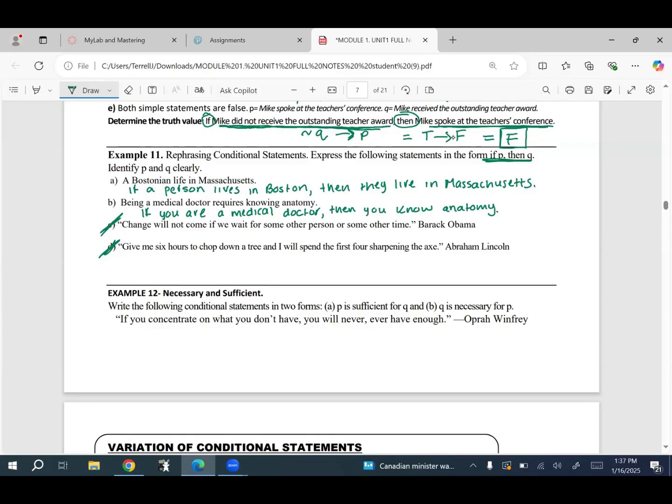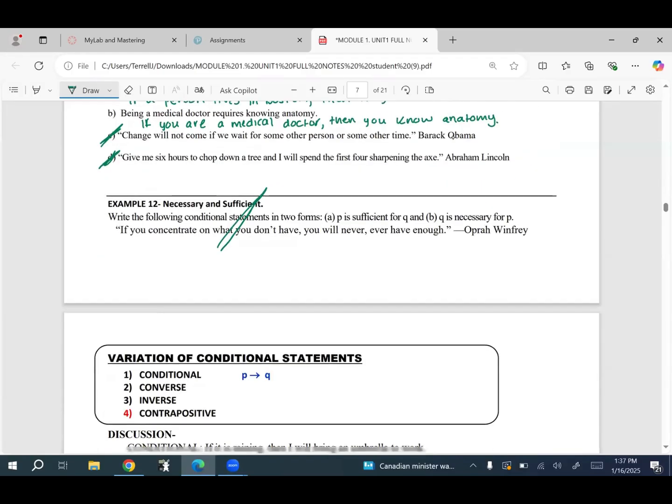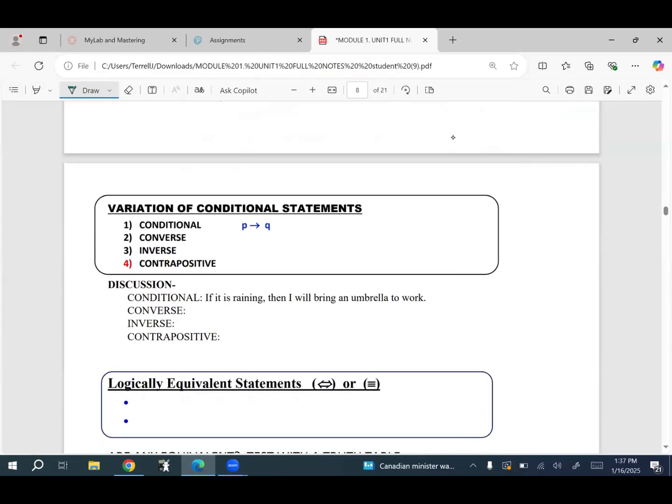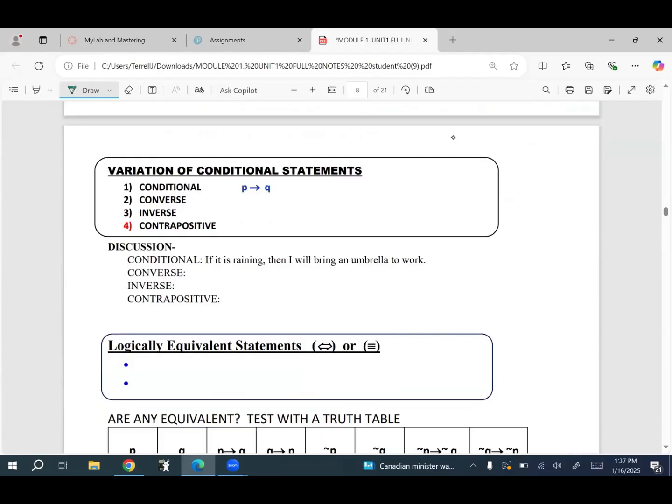We're going to skip example 12 and move on to the last topic, which is conditional. We know if P, then Q, but I want to talk about other types of statements. So conditional is just the original proposition, right? I'll just say this is the original.